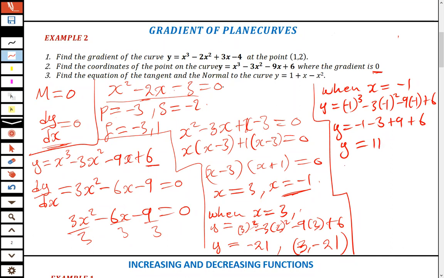So the other set of coordinates that has the gradient 0 is, the x coordinate is negative 1, then comma 11. So this is the second coordinate. So these are the two coordinates which they are looking for: 3, negative 21 and negative 1, 11. So these are the answers they are looking for.